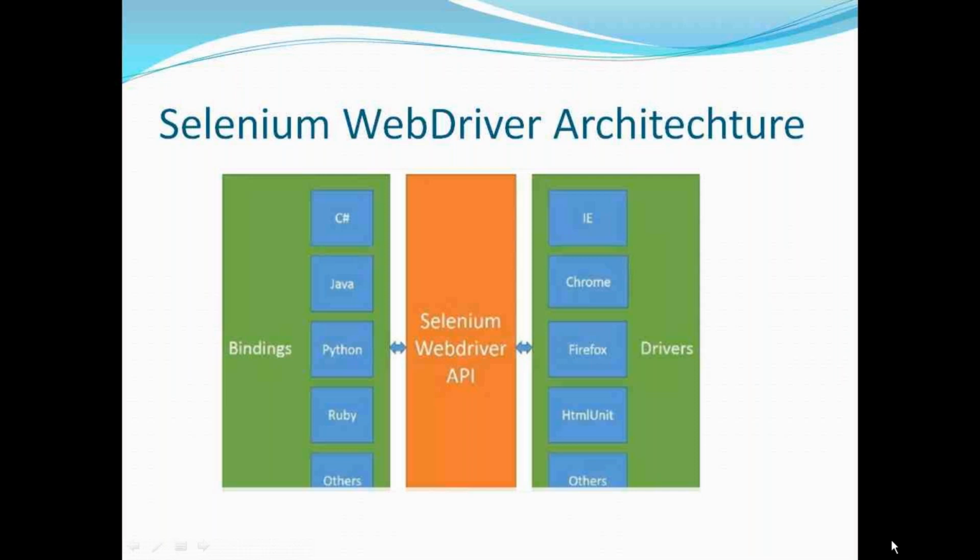So all kinds of operations we can perform. Selenium WebDriver is basically a collection of a bunch of APIs that comes in zip form. You just download it, unzip it, and you're good to go. Got you. Okay, carry on.